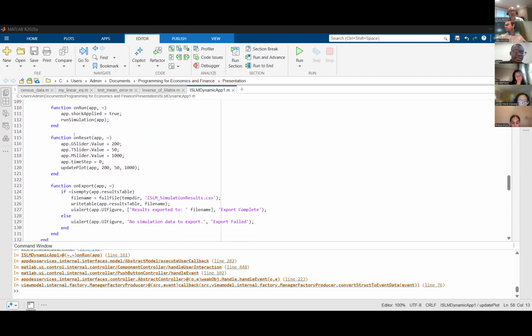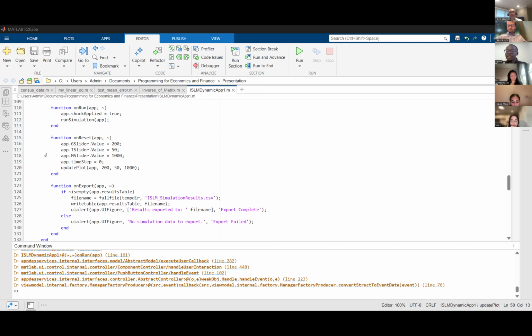And then this on run is another function. On the simulator, there's a run button that you press once after changing the values, and this is for that. And then this function is for the reset. So if I change something and I want to go back to the initial equilibrium, this is the function that ensures that happens.